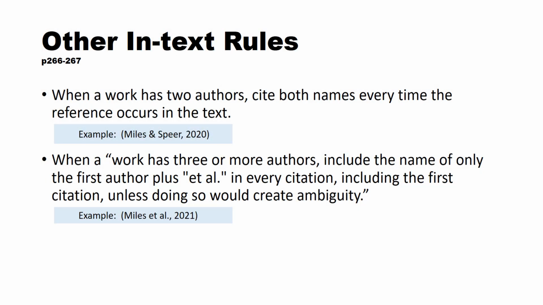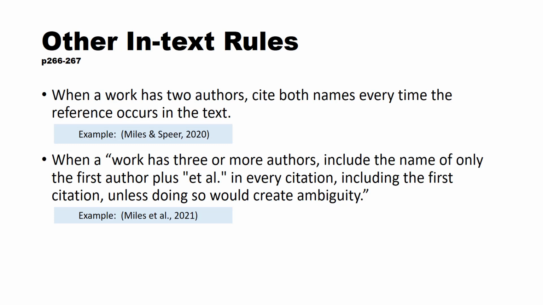Now there are a few other in-text rules that you need to be aware of. So when a work has two authors, cite both names or both authors every time the reference occurs in the text. So we have an example here: Miles and Spear, 2020.